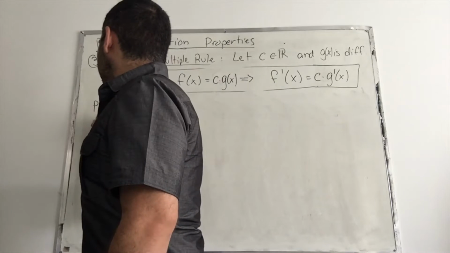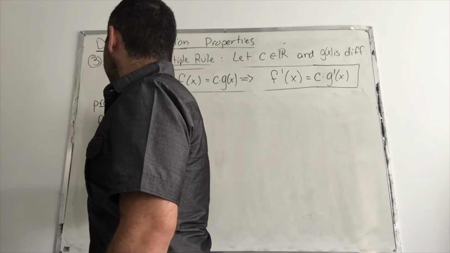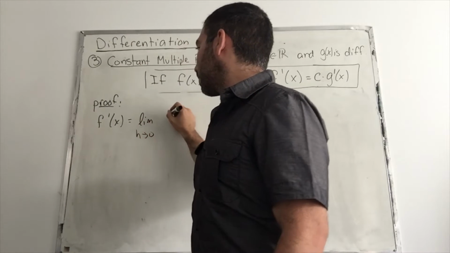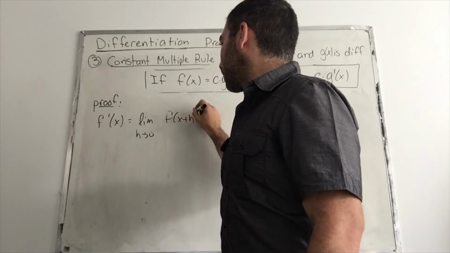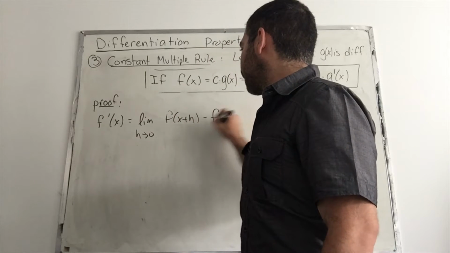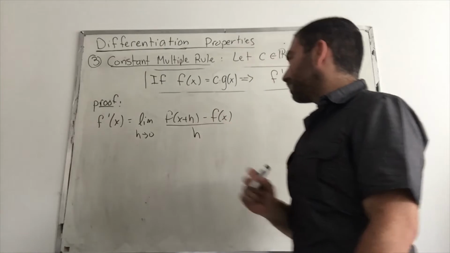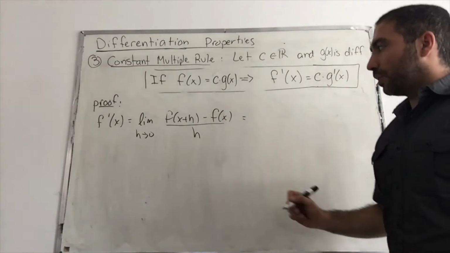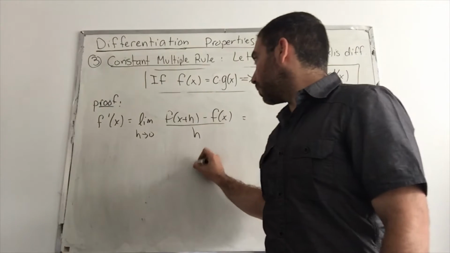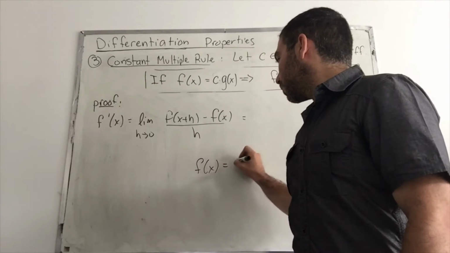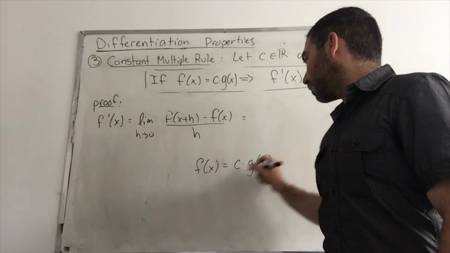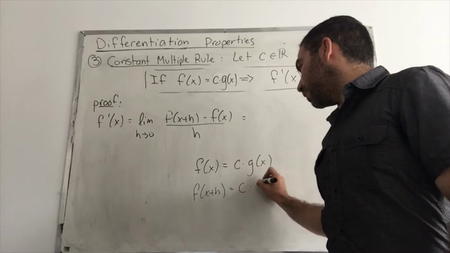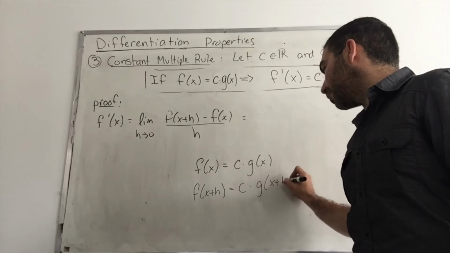So we begin with the derivative. We're going to use the limit definition, limit as h goes to 0 of f of x plus h minus f of x, all this over h. Just recall, if f of x is equal to c times g of x, this means that f of x plus h is equal to c times g of x plus h.